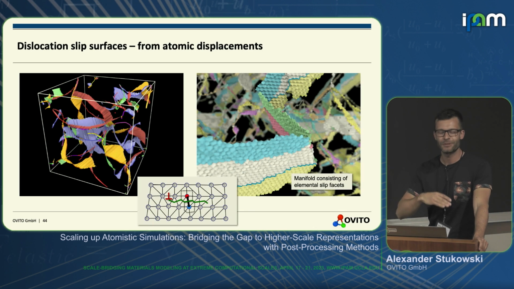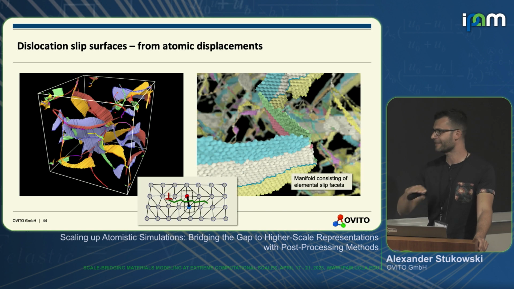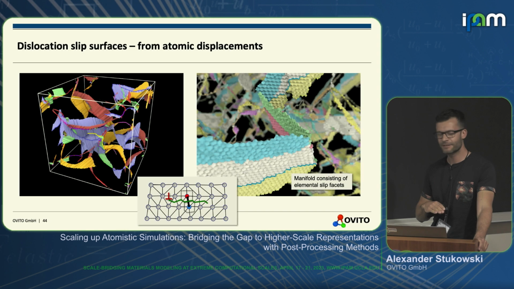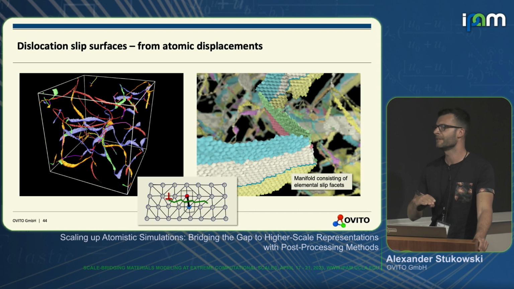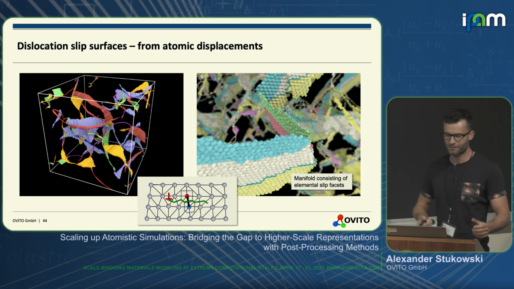again going back to the underlying atomistic information. Right? I mean, all information is contained in atomistic trajectories. So why don't we use that information to trace the motion of dislocations?